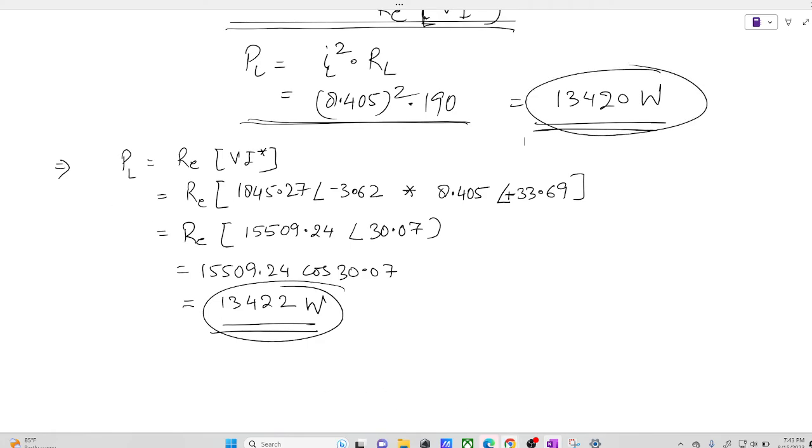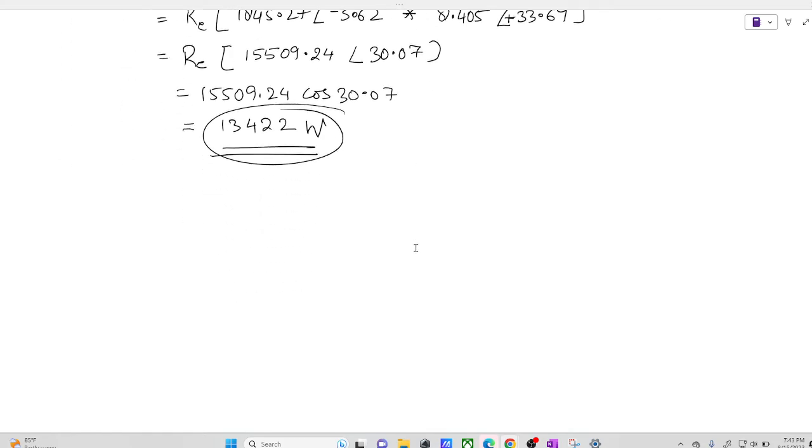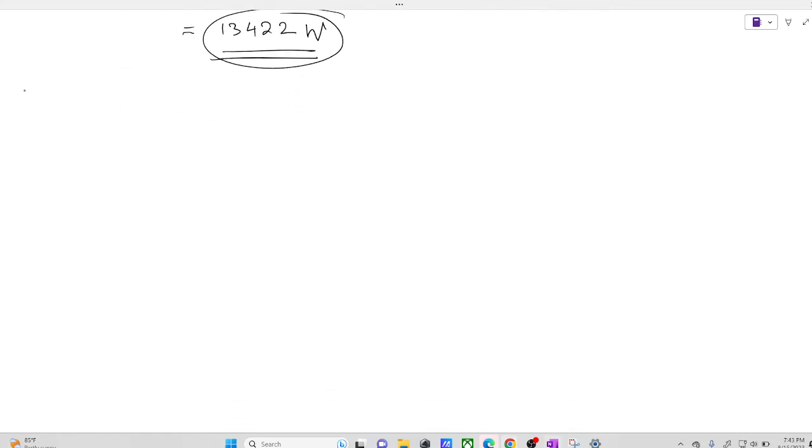Now they have asked to estimate the efficiency. What is the formula for efficiency?